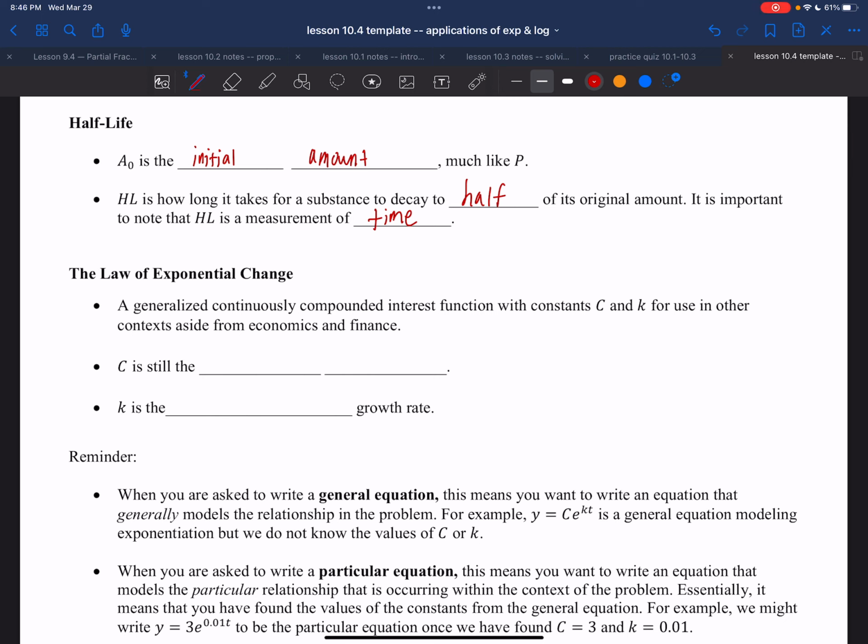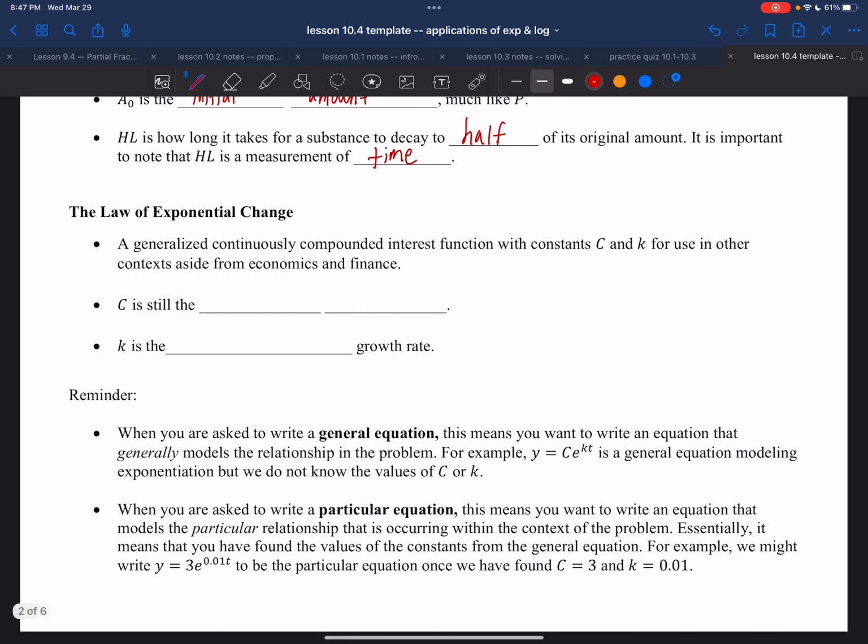You might say that the half-life of this element is 12 years. That means if you start with some amount of substance, it will take 12 years for that substance to decay to half of what it started at. So it's a measurement of time. So be careful with that.